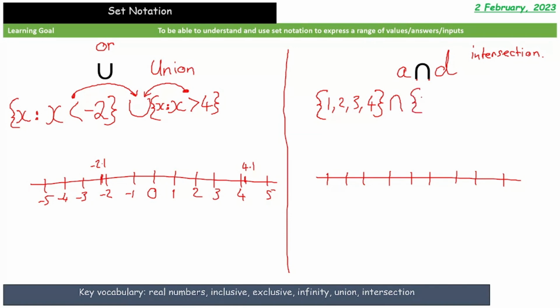Let's say we've got 0, 3, 4, 7, and 9. Because it's an intersection between them, a horseshoe, which ones exist in both? You'll notice that 3 exists in both, and 4 exists in both. What that means is that with this rule, your only possible values for this set would be 3 or 4, because it's an intersection between the two things on either side.